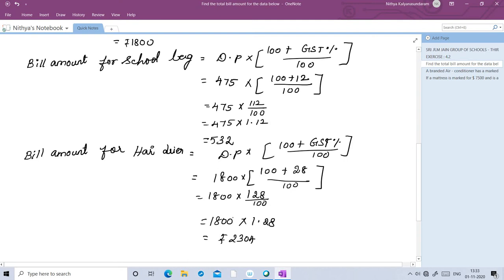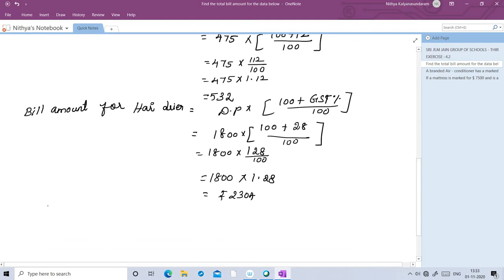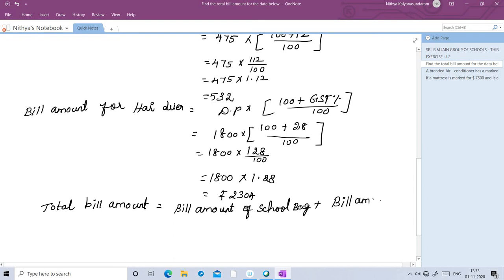We want to calculate the total bill amount for the school bag and hair dryer. So total bill amount is equal to bill amount of school bag plus bill amount of hair dryer.